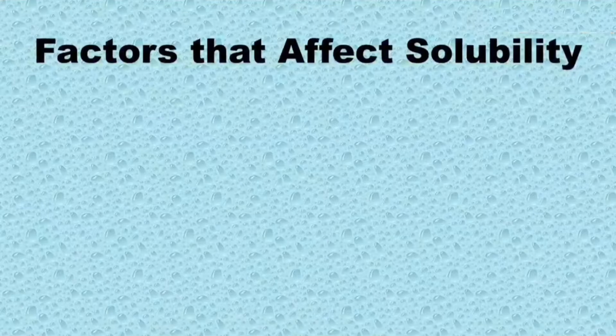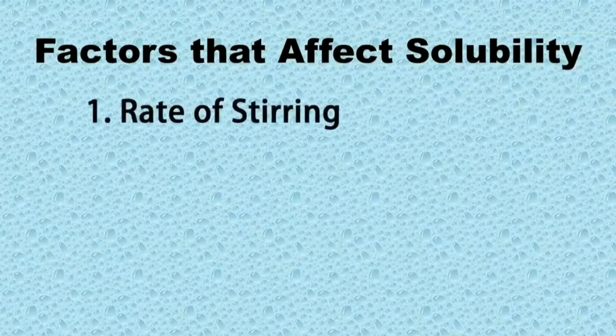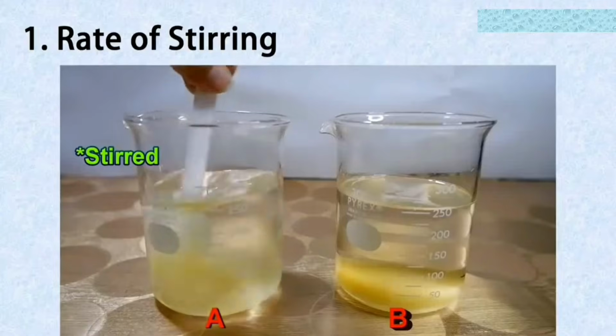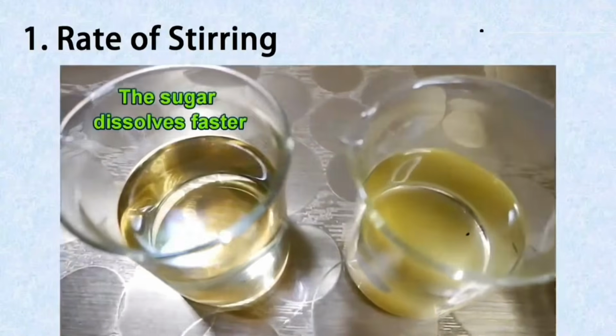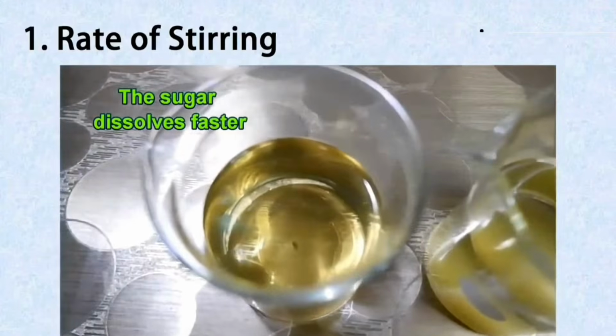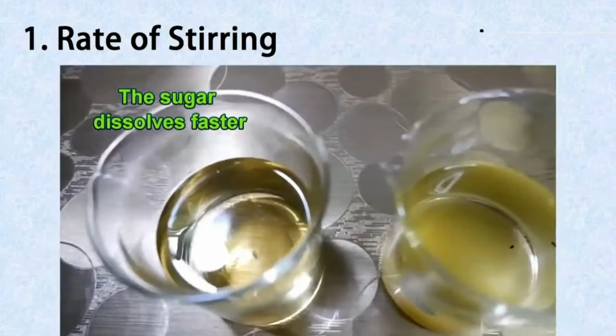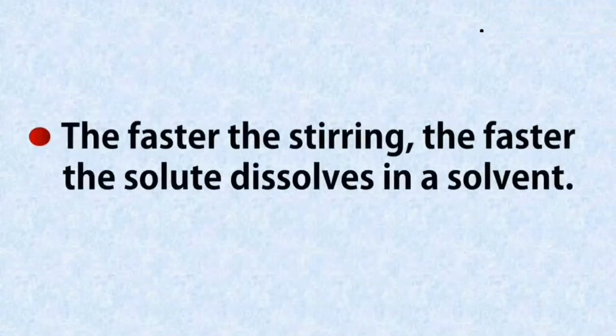Factors that affect the solubility are: number 1, rate of stirring. The faster the stirring, the faster the solute dissolves in a solvent.